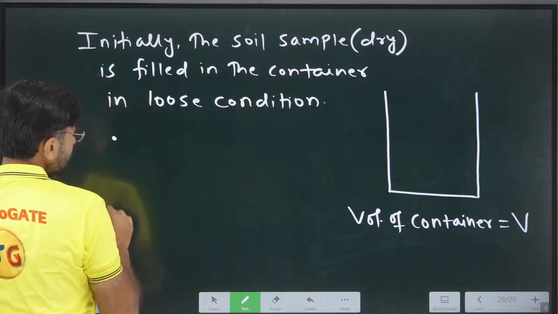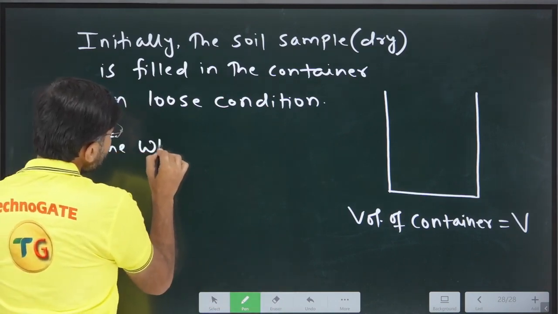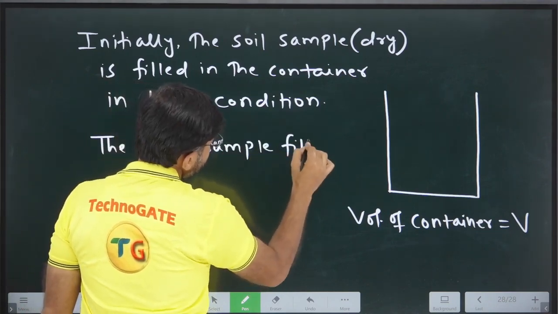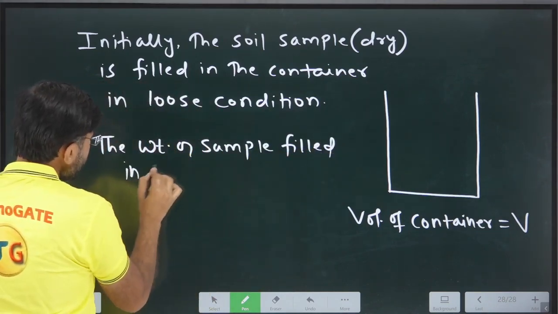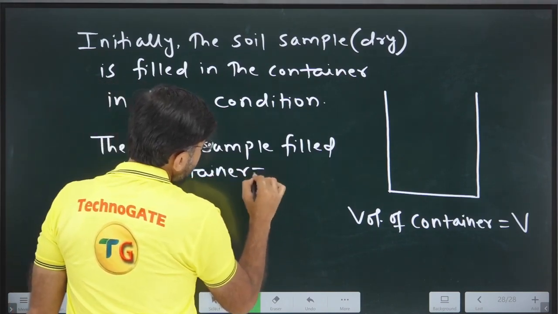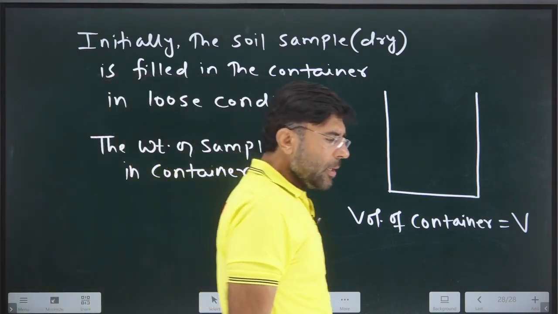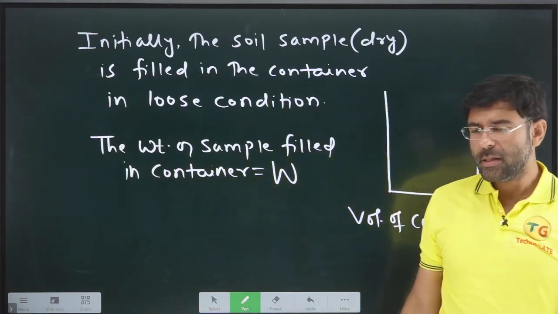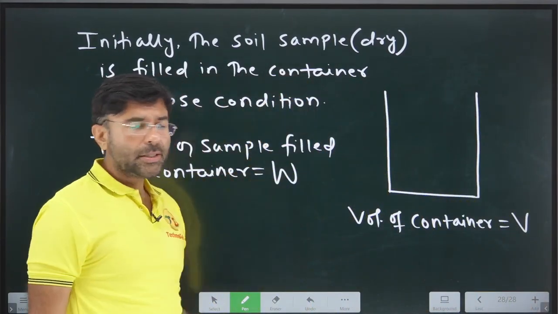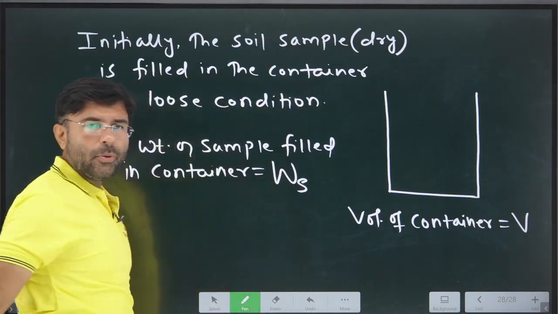Let us assume the weight of the sample filled in the container is W. The soil is in the loose condition, and since the soil was dry, can I say this weight will be equal to Ws?